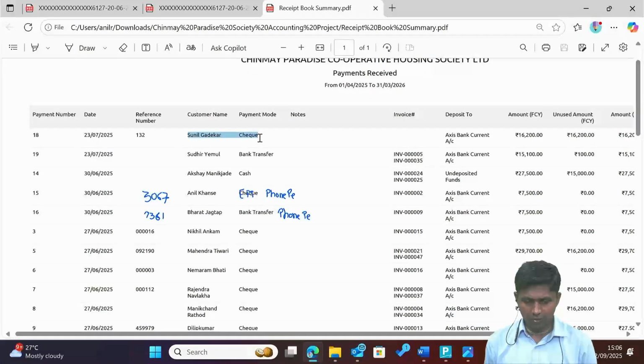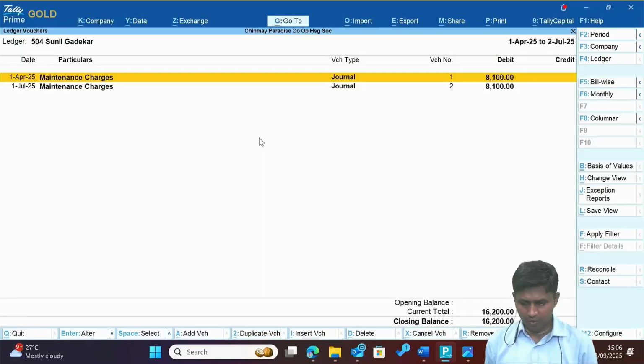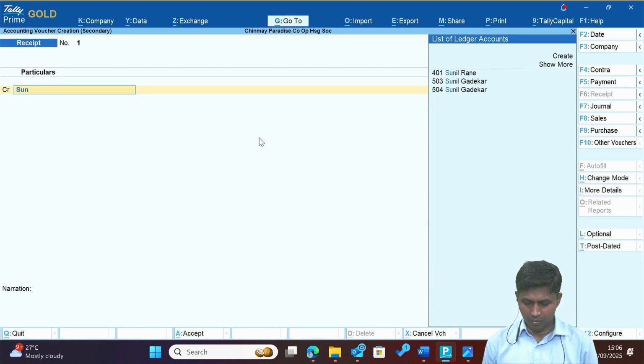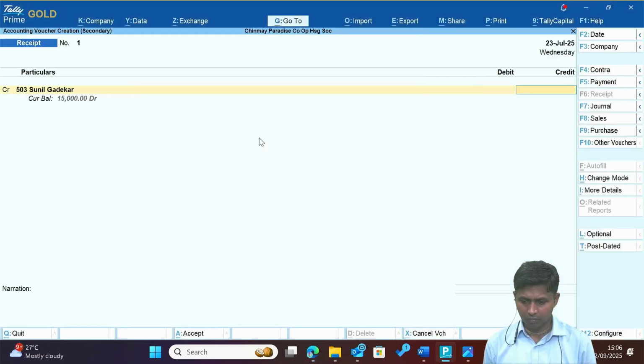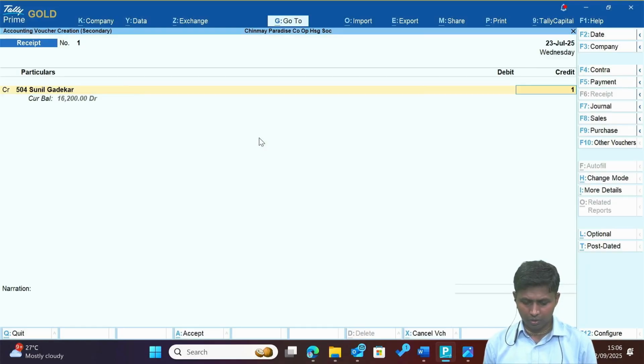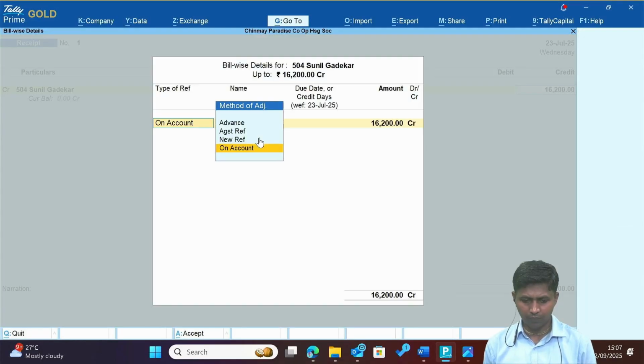Therefore, on 23rd July, here only you can add the entry with the help of Alt A. Say 23rd July, and we are getting payment. Therefore, F6 voucher type. Then let's say Sunil Gadekar. Okay, not this. This is for 16,200.